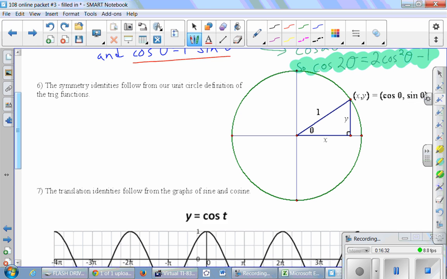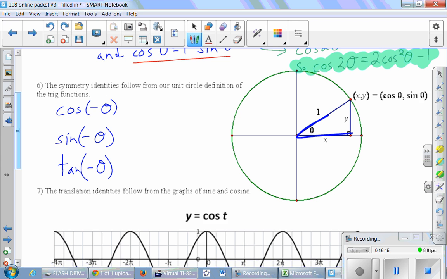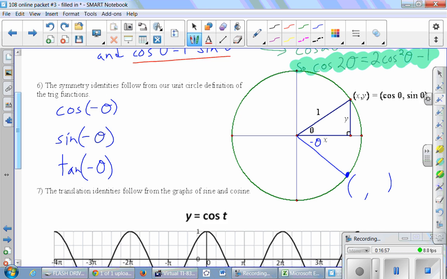The symmetry identities ask us to think about finding cosine of negative theta, sine of negative theta, and tangent of negative theta. Well, if theta is as it's drawn in this picture, then negative theta must be down here. So we'll just ballpark negative theta in here. And that leads us to a point that is down here. What's true about this point compared to the coordinates that we had up above? Well, the x-coordinate is exactly the same.